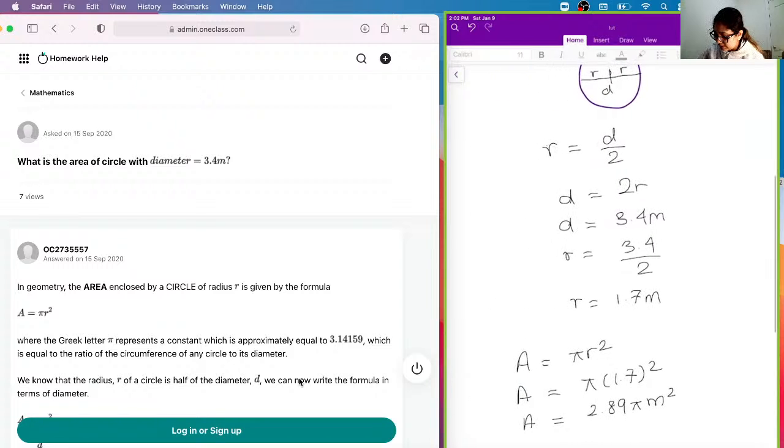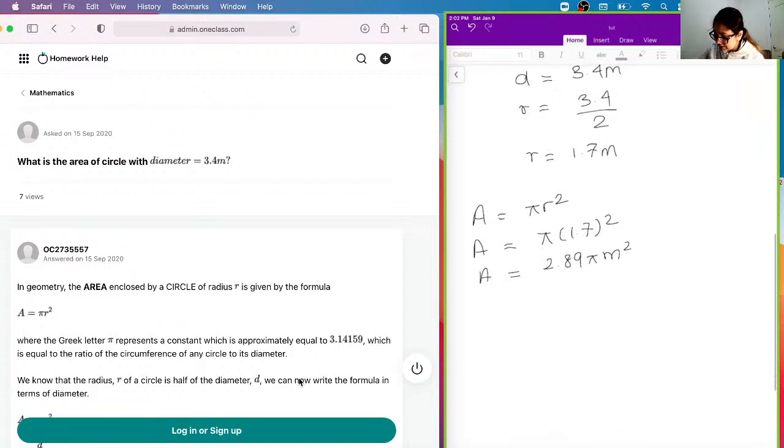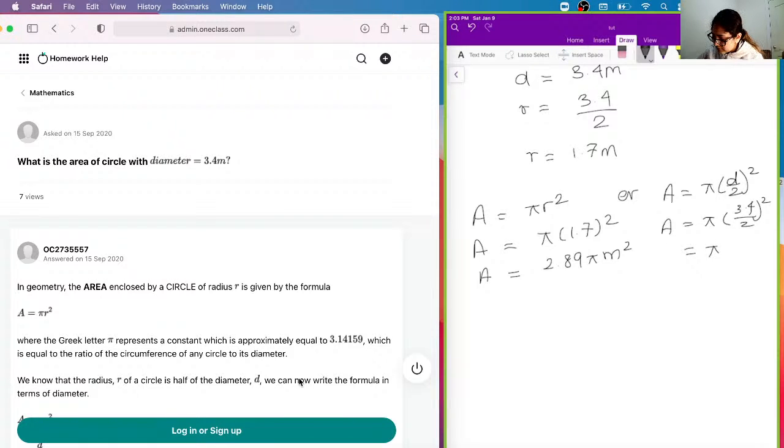And if you want to write this in terms of diameter, we can express radius in terms of diameter. For our area, we can say our area is equal to pi, and just substitute r is equal to d over 2, squared, right? So d is 3.4 over 2 squared, and so you would have 3.4 squared over 4.